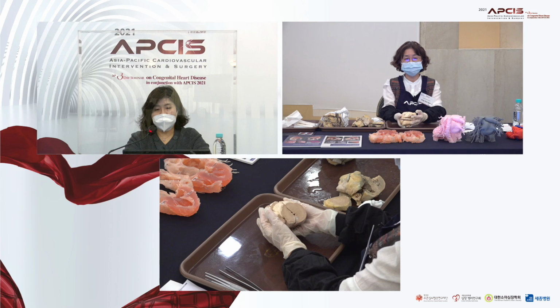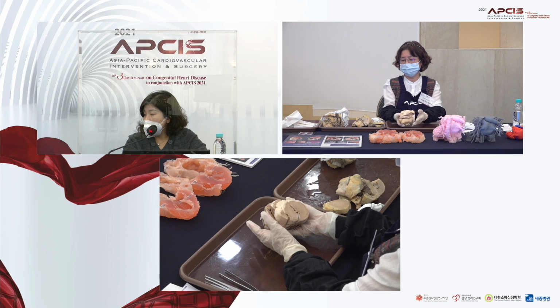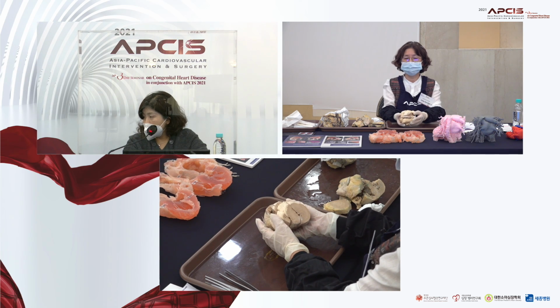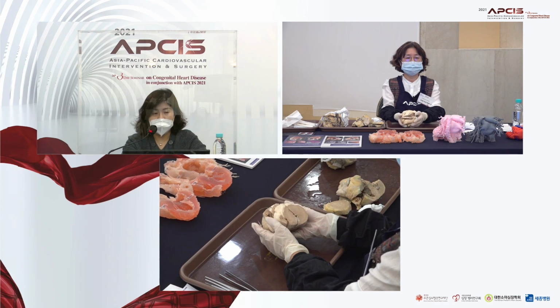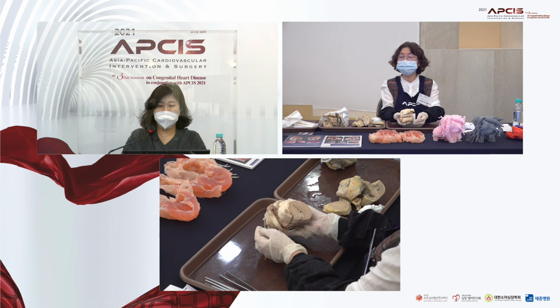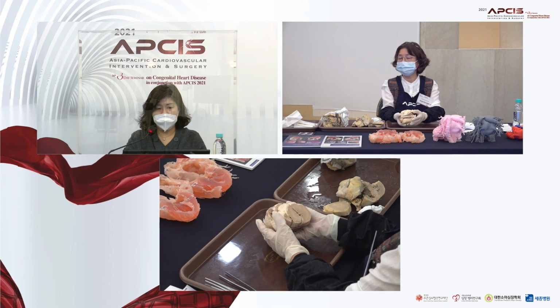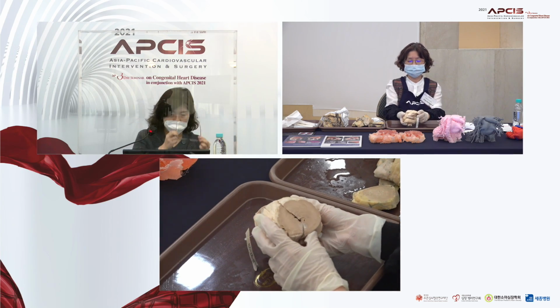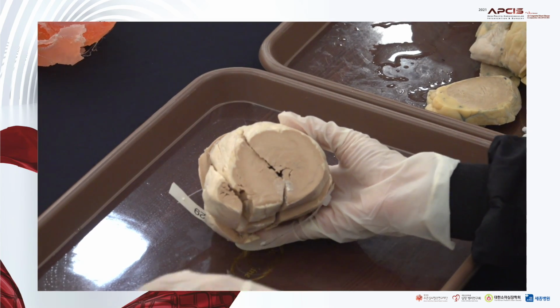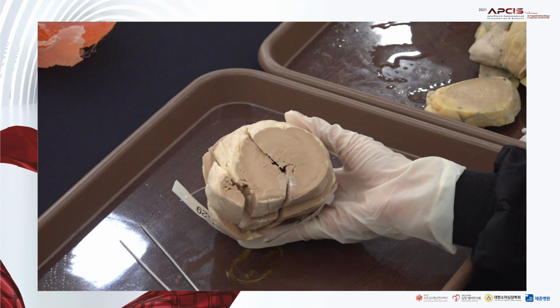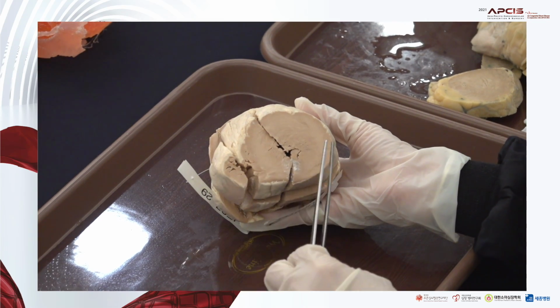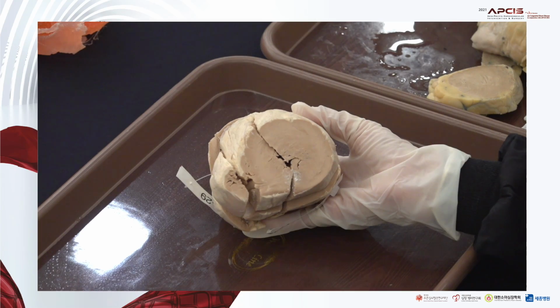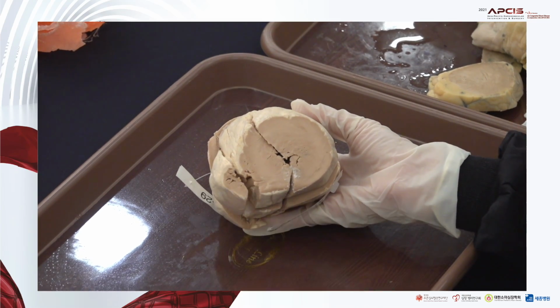Dr. Kim? I'm going to show you a couple of real HCMP hearts and some three-dimensionally reconstructed hearts of HCMP. First one, this one. Can you see? This heart is already cut short axis.